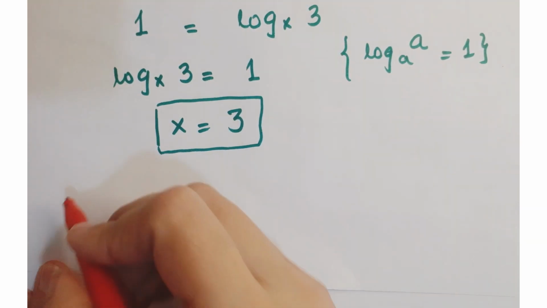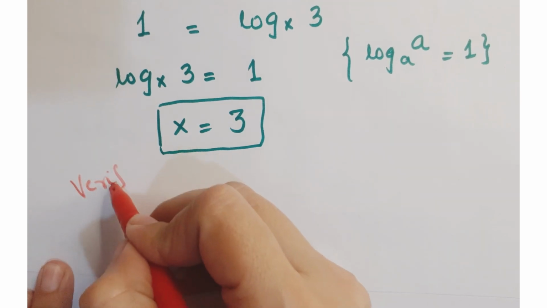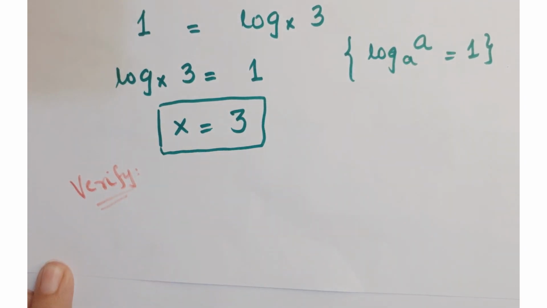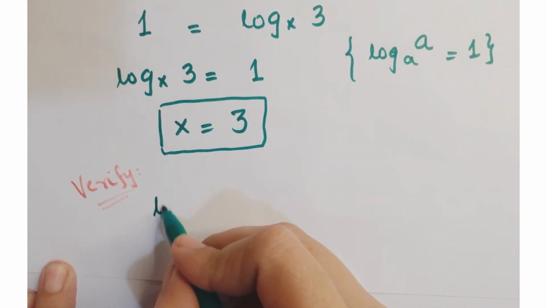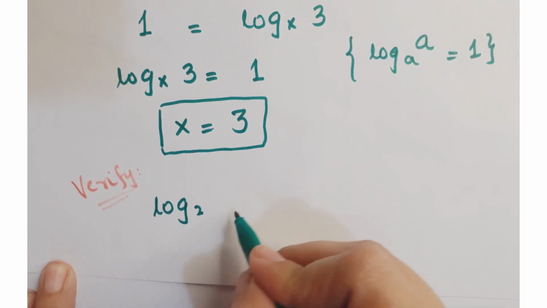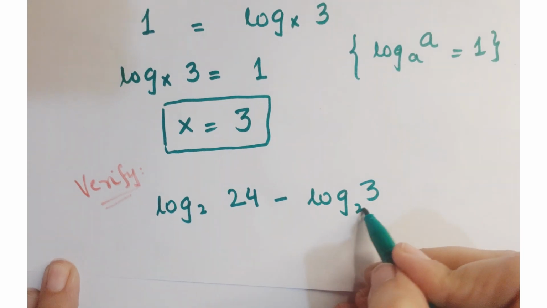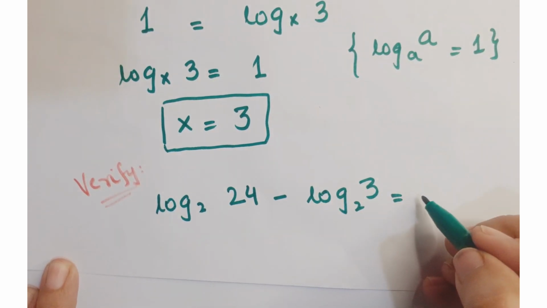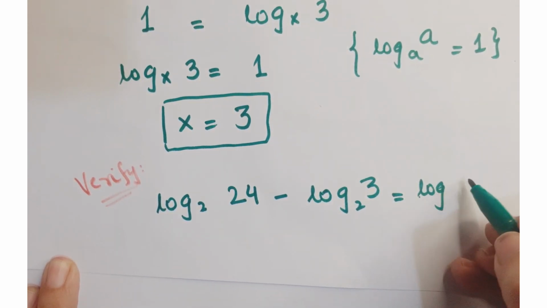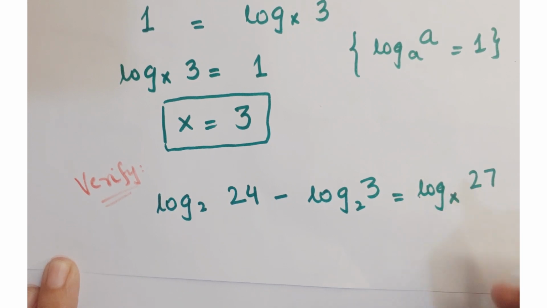Now let's verify whether our solution is correct or incorrect. We have the question log of 24 to the base 2 minus log of 3 to the base 2 is equal to log of 27 to the base x.